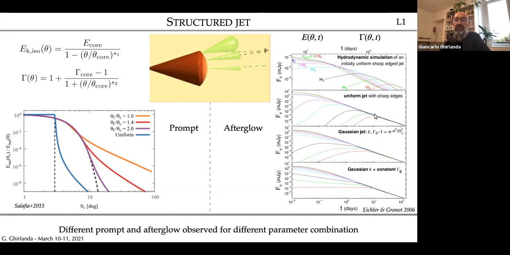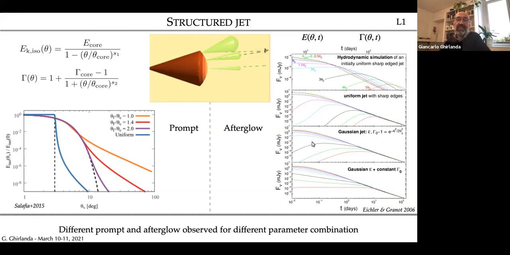So if you compare, for instance, these lines are for uniform jet, and look at the black one with respect to the violet, which is for 1.5 times the opening angle of the core of the jet, or larger viewing angles. You see that in the uniform jet, of course, you have a strong suppression of the emission at early times, and instead for a Gaussian jet, or a Gaussian jet with some variation, constant or not, for the bulk Lorentz factor, but it doesn't matter, you see that the corresponding color lines in the two plots show a quite different flux.